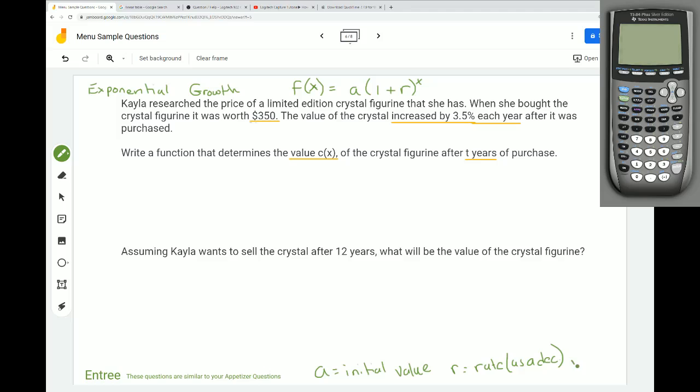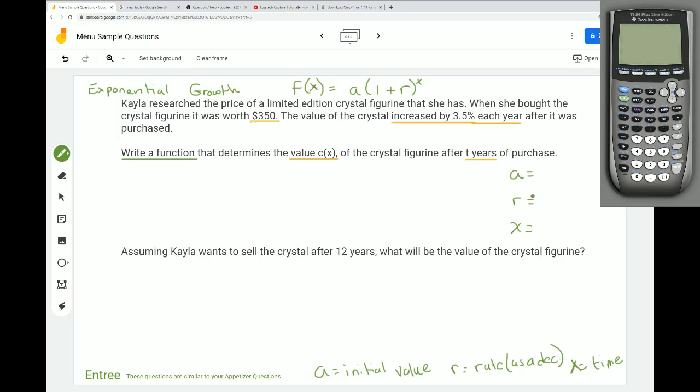And x, sometimes it could be t as well, but x represents time. Okay, so now let's see if we can use this information to write a function. So let's see if we can figure out what is our a value, what is our r value, and what is our x value.